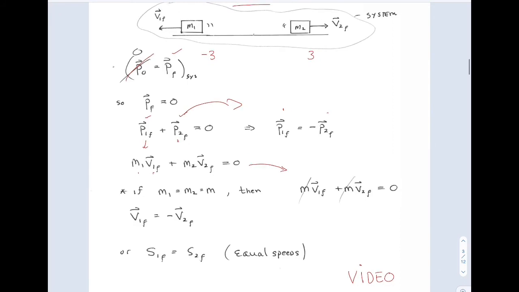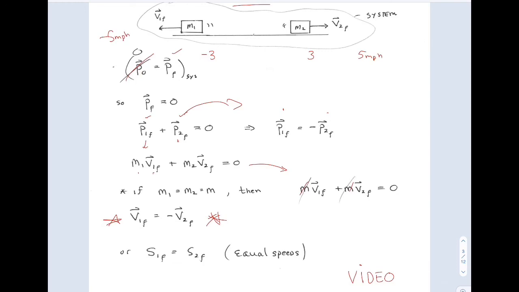I'm using the special case because in the video I'm going to show, these two objects have the same mass. So for M1 and M2, I just wrote M and M, and the masses drop out. That says they go away with equal and opposite velocities. So if number 2 goes off at 5 miles per hour, then number 1 goes off at minus 5 miles per hour.